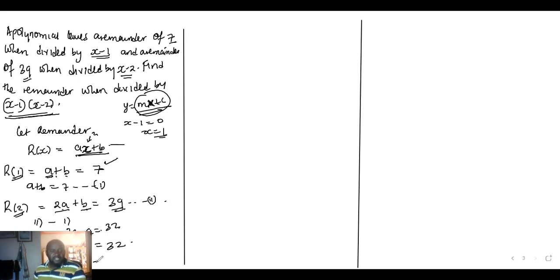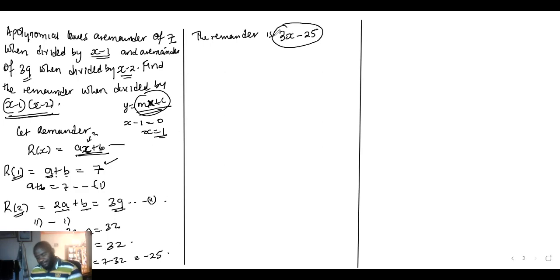So b is going to be equal to 7 minus 32, which gives us negative 25. Therefore the remainder is going to be 32x minus 25. And that is our answer.